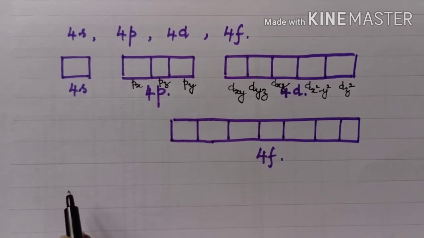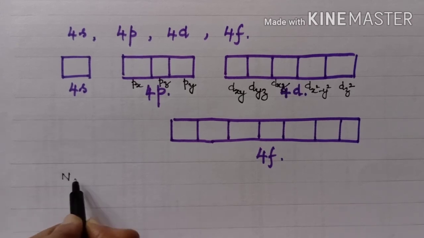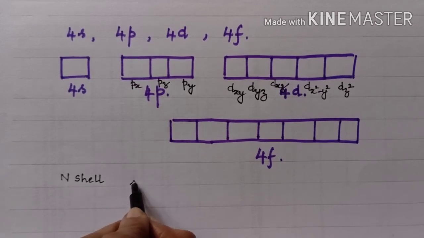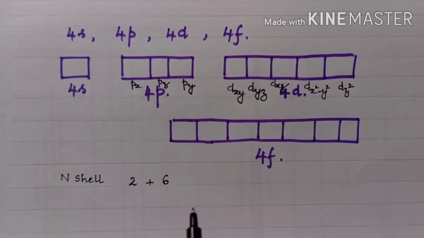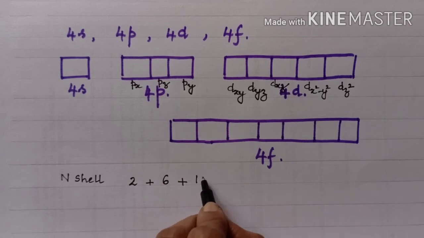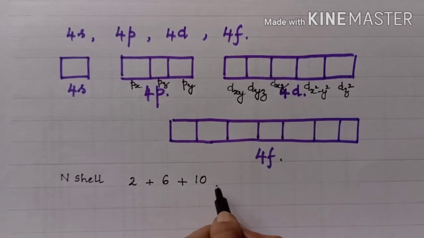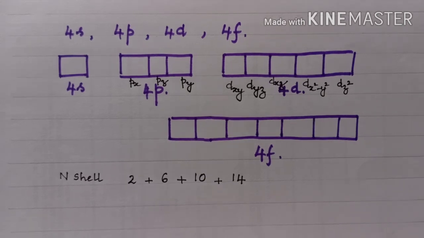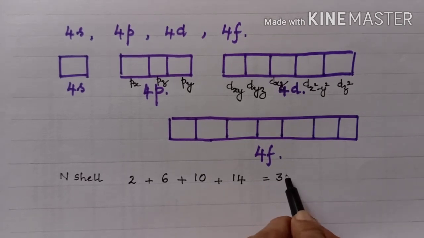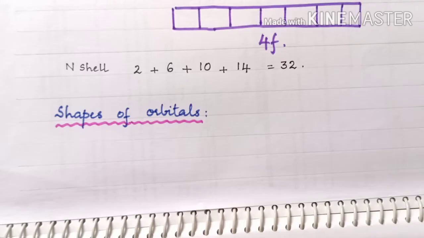As a result, the N shell can have a total of 2 electrons in s, 6 electrons in p, 10 electrons in d, and 14 electrons in f. That is, a maximum of 32 electrons can be accommodated. Hope you have understood. We shall now discuss the shape of orbitals.